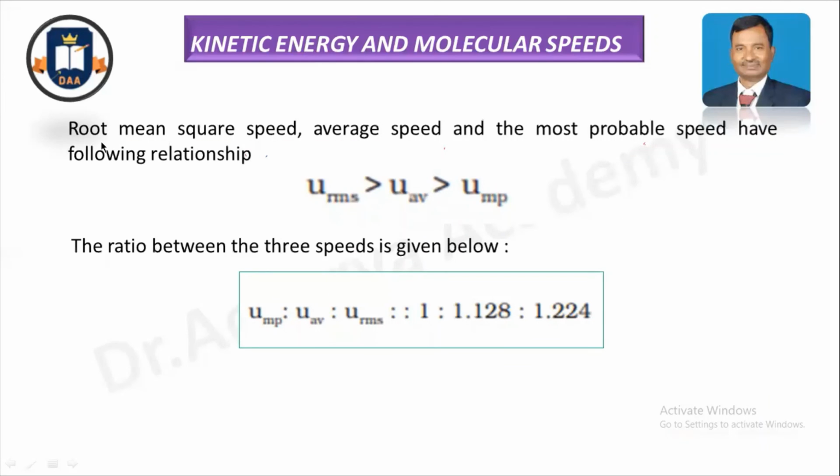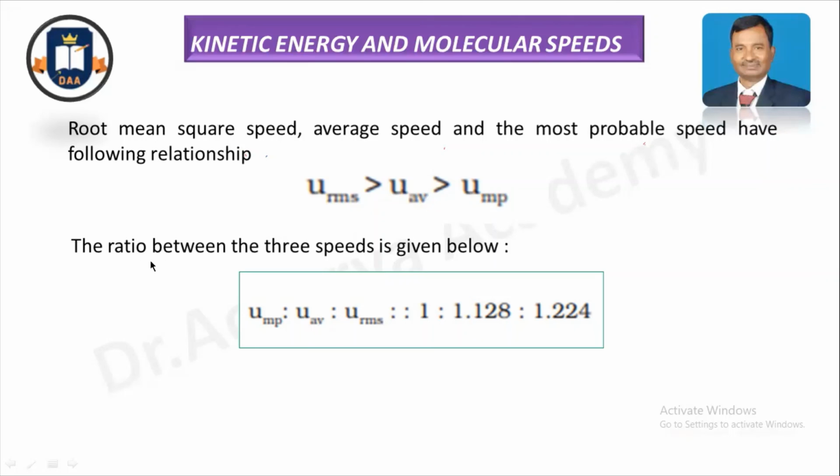Now, what is the relation between the root mean square speed, average speed, and most probable speed? The root mean square speed is the highest, the speed at the most probable value is the lowest, and the average speed is in between.